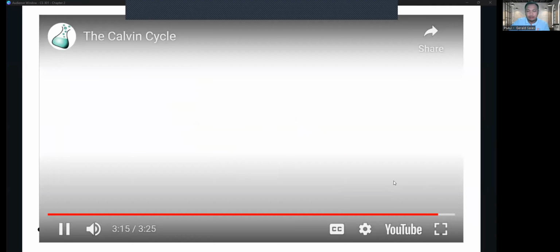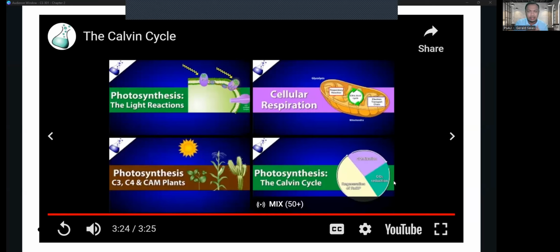Right. So that very short video, this time it presented the 3 phases of the Calvin cycle. Though in the previous video it was presented as well, this video in particular differentiated the 3 phases of the Calvin cycle.